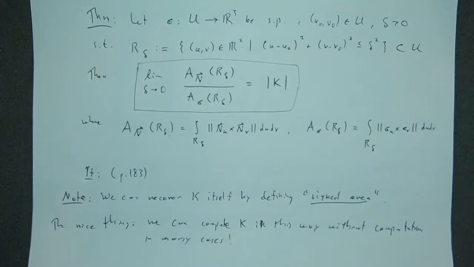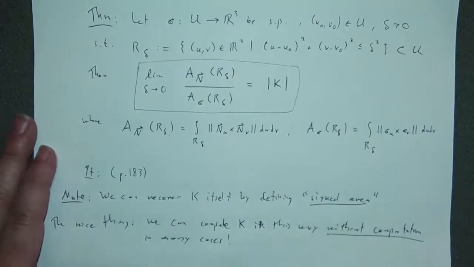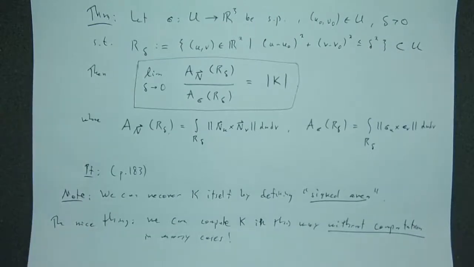Why without computation? Because sometimes, in very specific cases, the image of the Gauss map is extremely simple, right? So maybe the surface in question is not as simple, but the image of the Gauss map is.